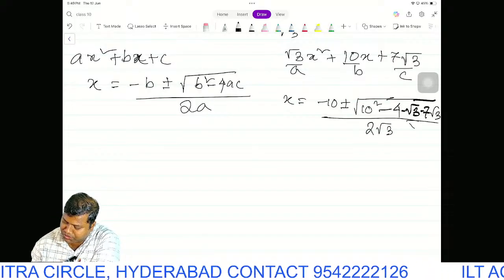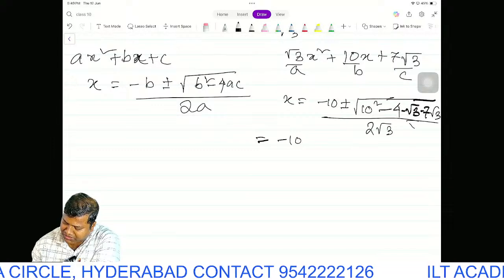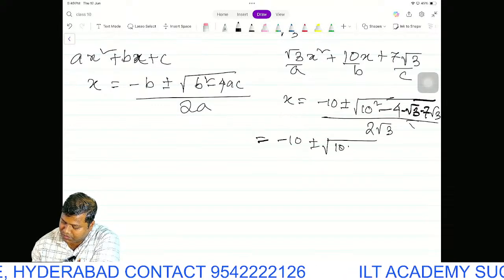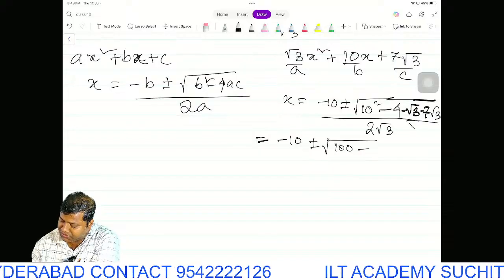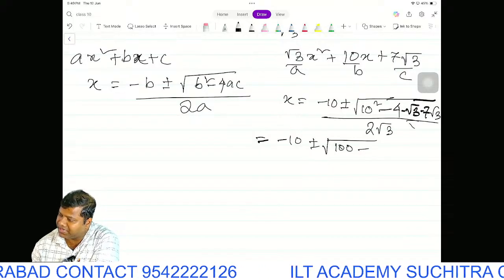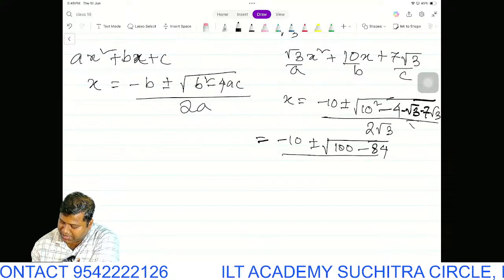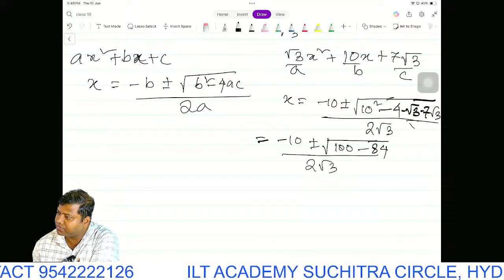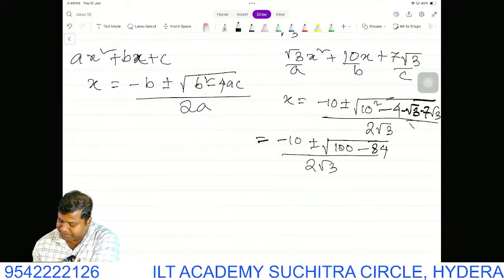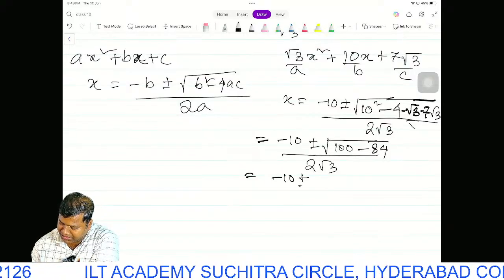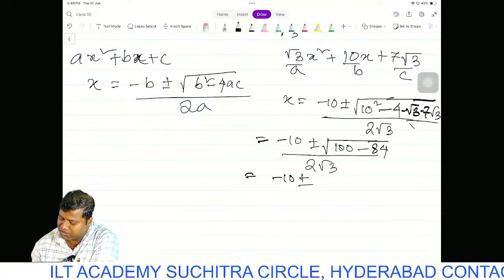Now you just need to simplify. That is minus 10 plus minus square root of 100 minus 21 4s are 84, by 2 root 3. So that means minus 10 plus minus, this is what?